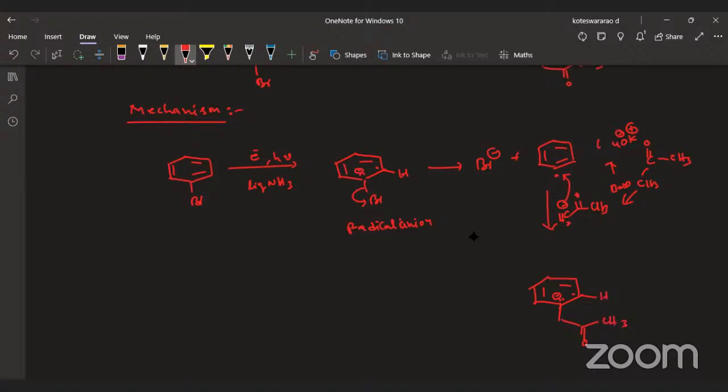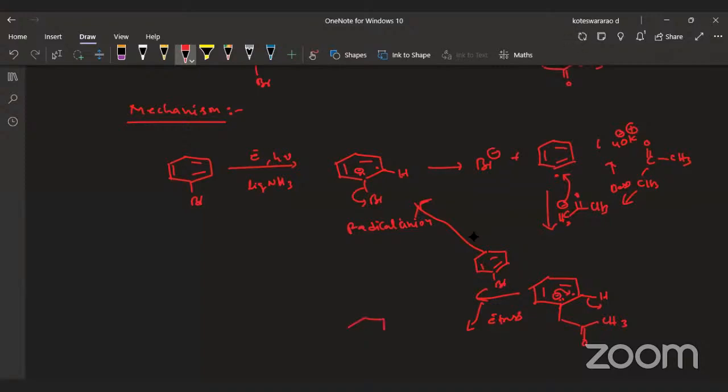Now the electron is donated again, and the proton will be eliminated, or it may interact with another molecule of bromobenzene, leading to the formation of the radical anion again through electron transfer.